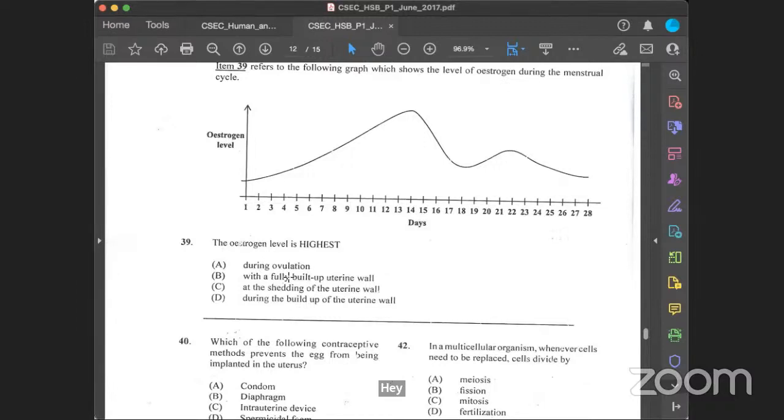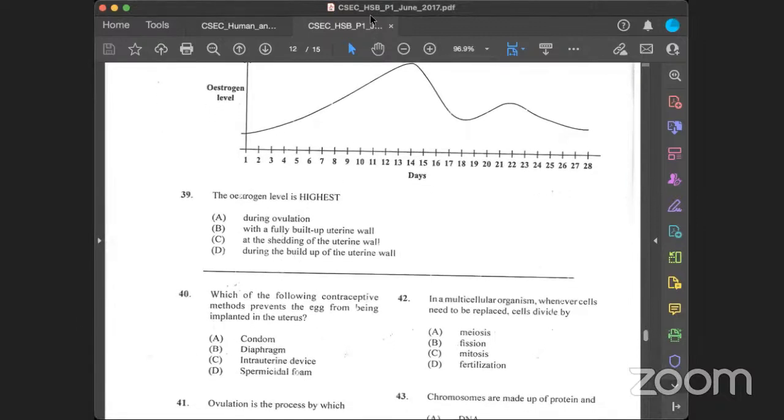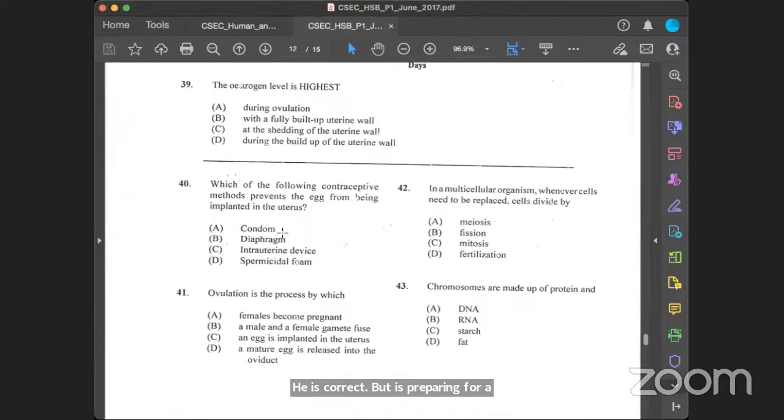Somebody agrees with that? Everybody agrees with that? B? No, that's not correct. A is correct. During ovulation, but it is preparing for ovulation. So A there, right?